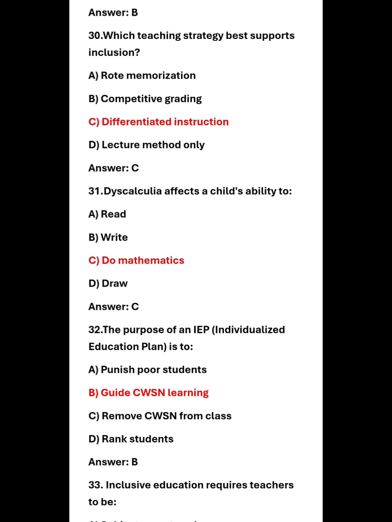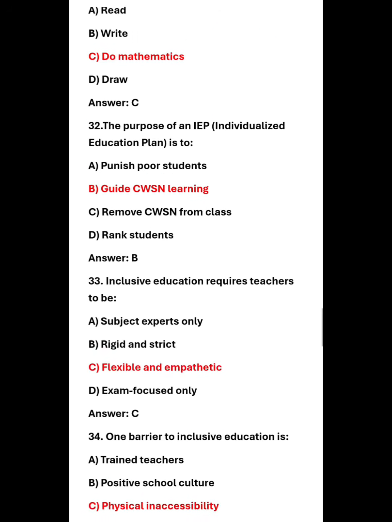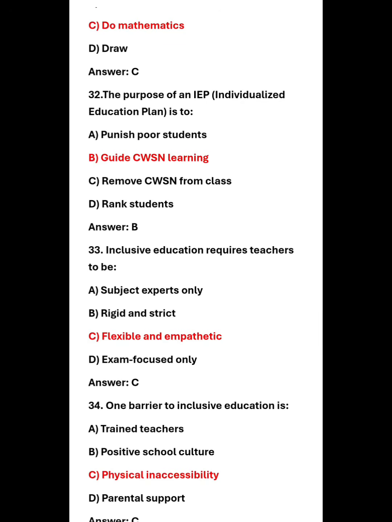Dyscalculia affects children's ability to do mathematics. Dyslexia is reading and writing, but dyscalculia is mathematics. The purpose of an IEP is to promote and guide children with special need learning.